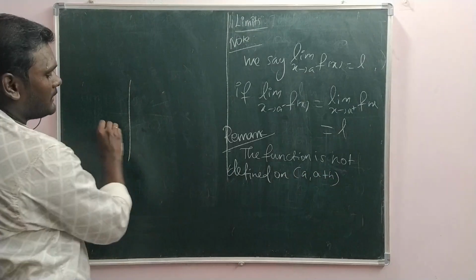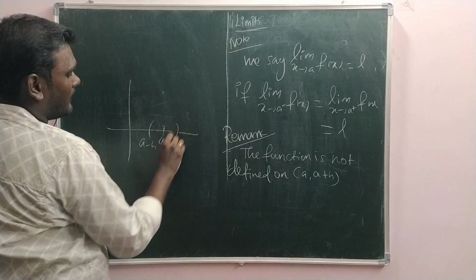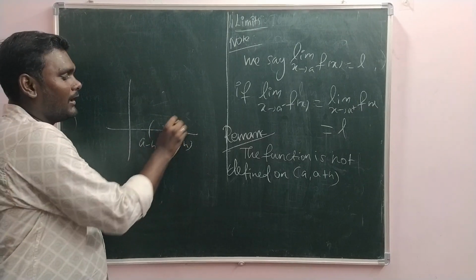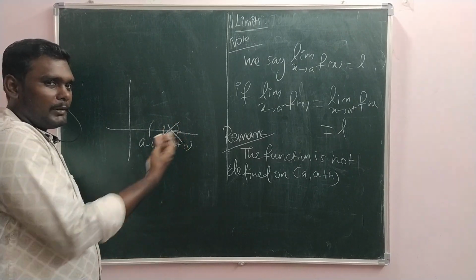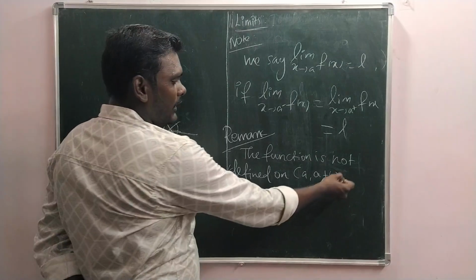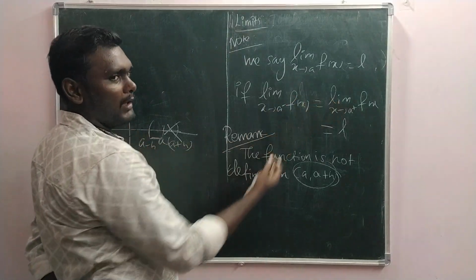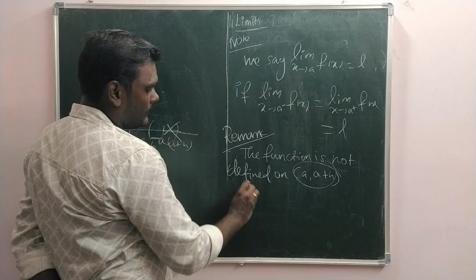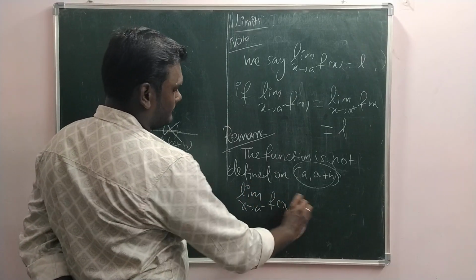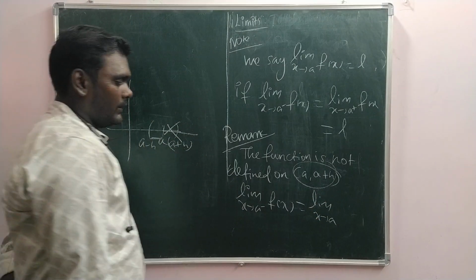This is the interval I am talking about, so I will be putting a minus h and a plus h, right? In this interval it is not defined, so it does not depend on the value on this interval. Then we don't need to care about this value; the left limit and right limit need not be equal. Then if the left limit alone exists, that will be equal to the limit of the function.